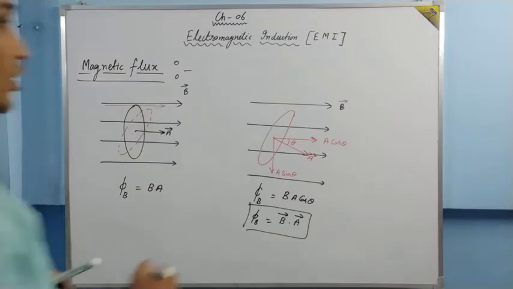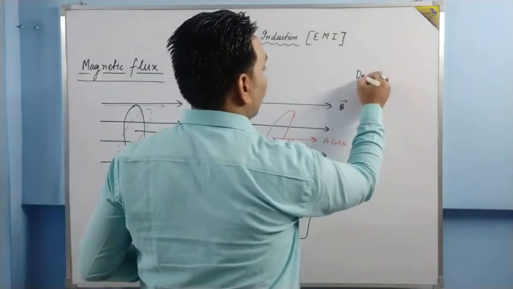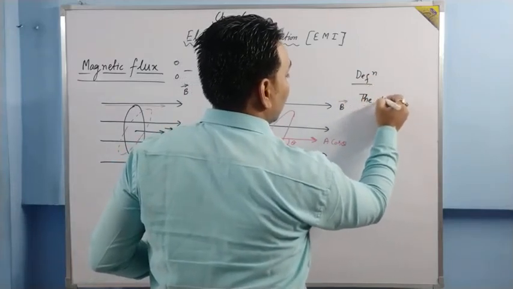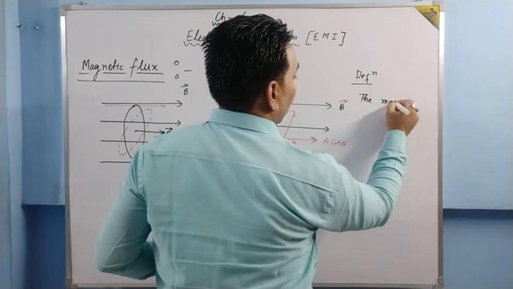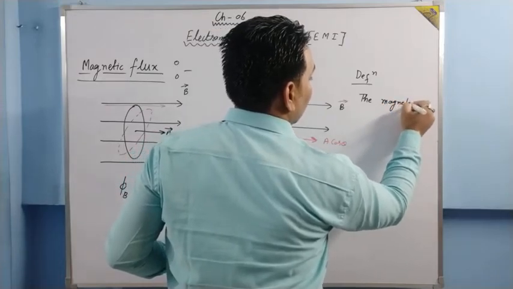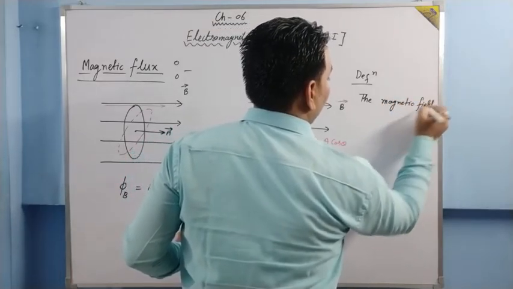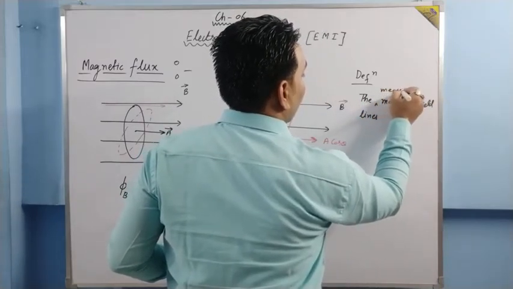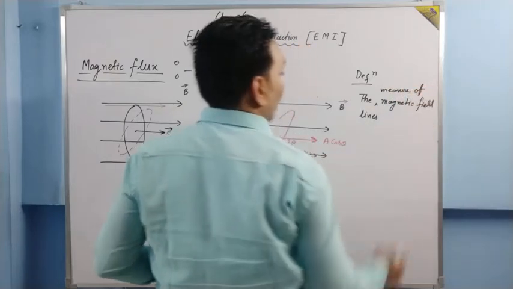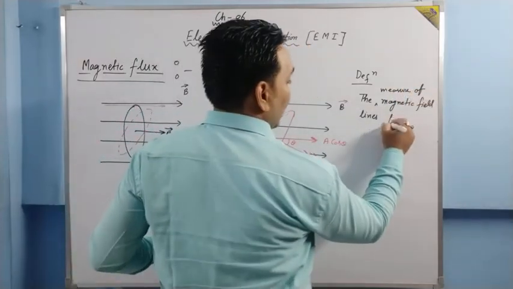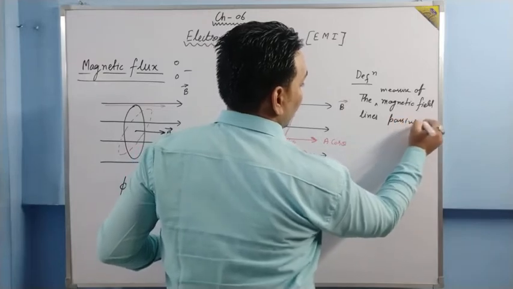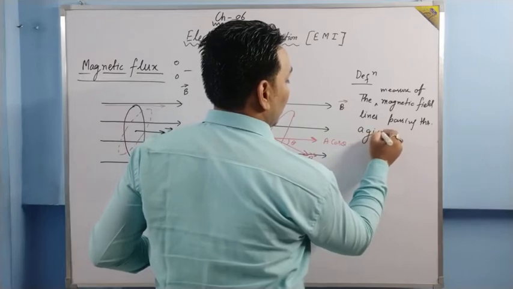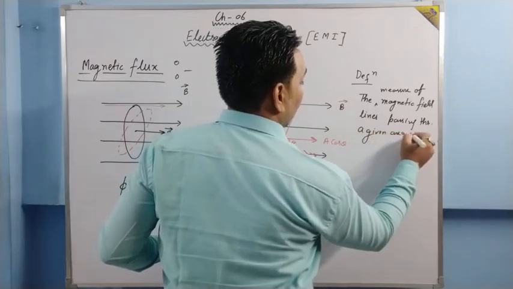What will be its definition? The definition will be: the measure of magnetic field lines passing through a given area normally.